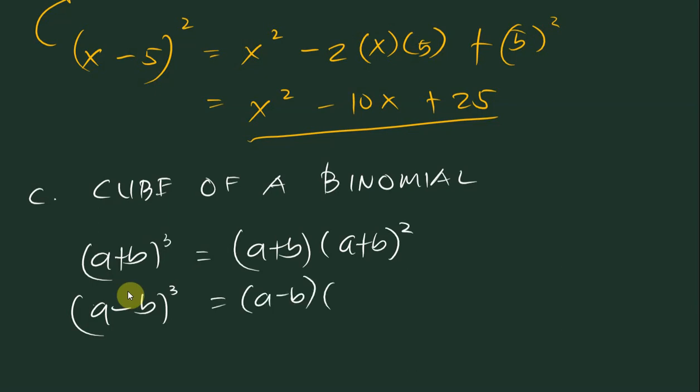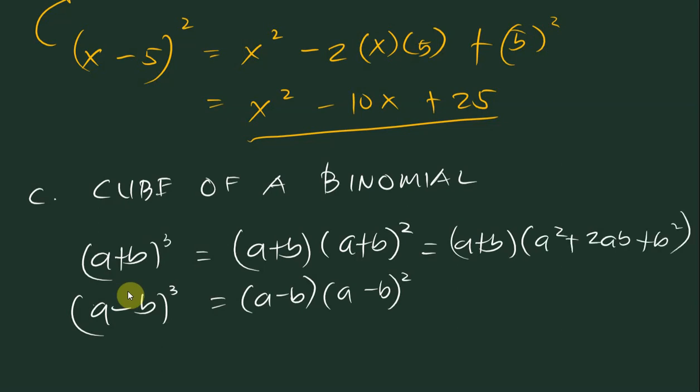Then this is a minus b multiplied by a minus b squared. And we know from the square of a binomial that this is also equal to a plus b multiplied by a squared plus 2ab plus b squared. And this will be equal to a minus b times a squared minus 2ab plus b squared.